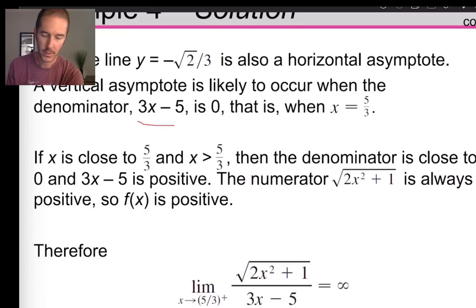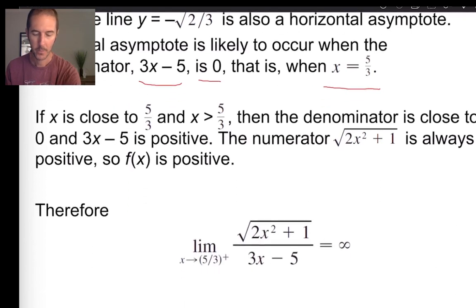Our original denominator was equal to 0 when x equals 5/3. As we approach 5/3 from the right, with x values that are larger than 5/3, the denominator is awfully close to 0 but stays positive.